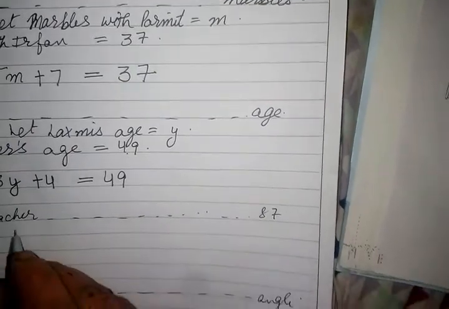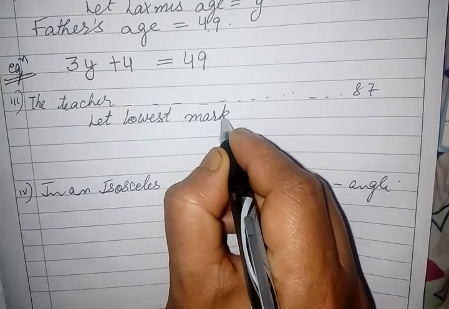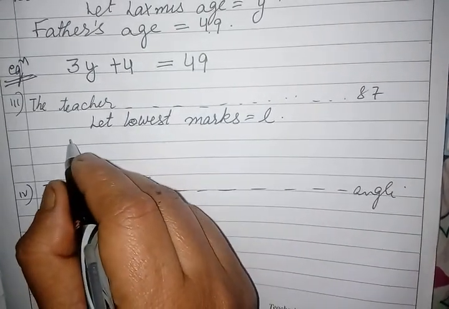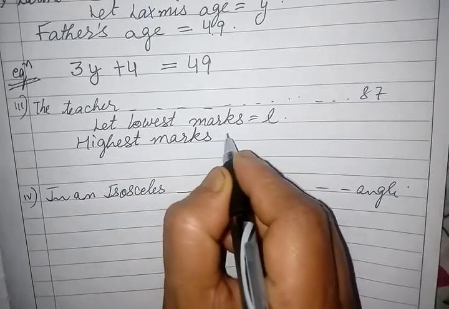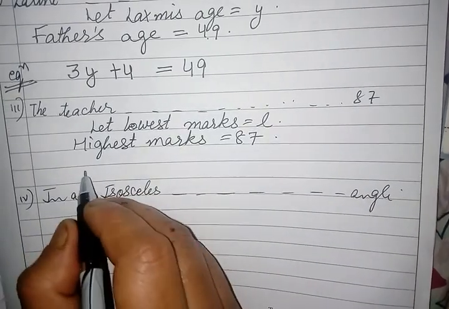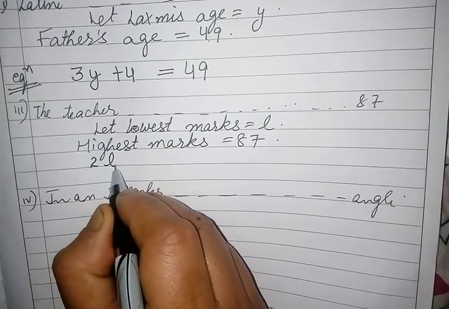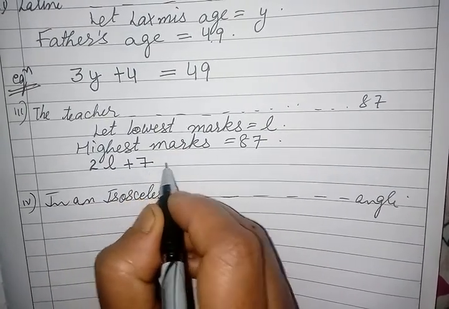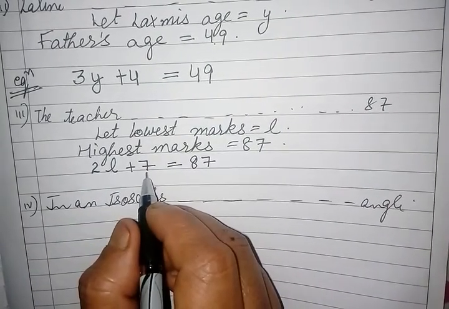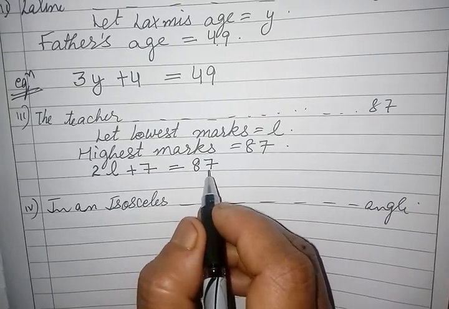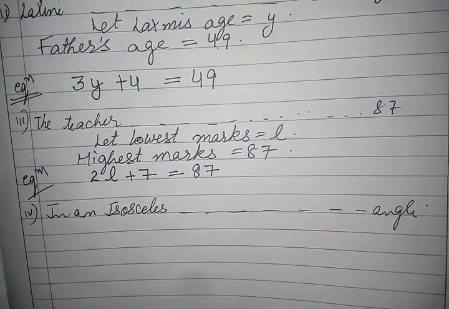So how we will do, let lowest marks equal L. Now highest marks equal 87, and they have given that twice the lowest, so 2L plus 7 gives you the highest marks. 2 times lowest marks plus 7 gives the highest marks. 2L plus 7 gives the highest marks.